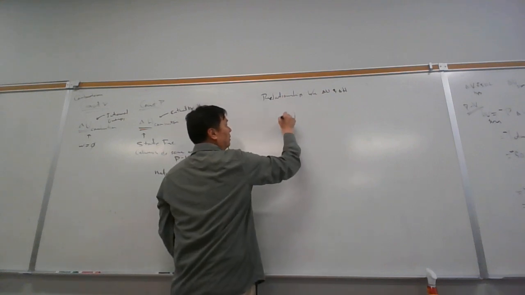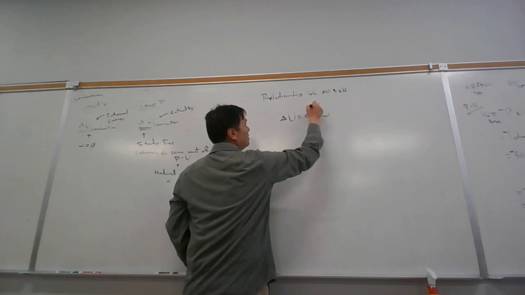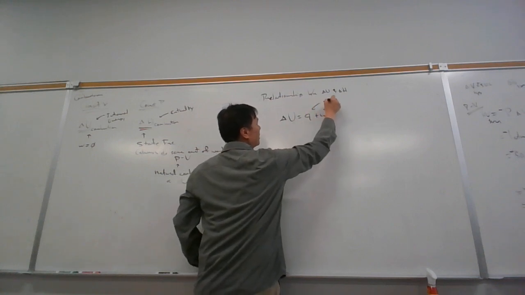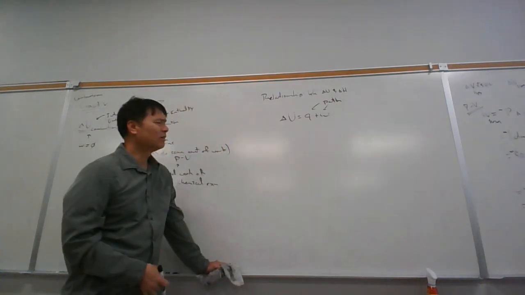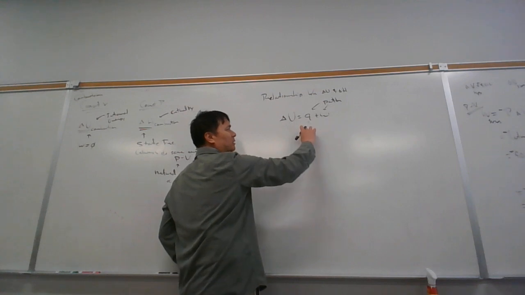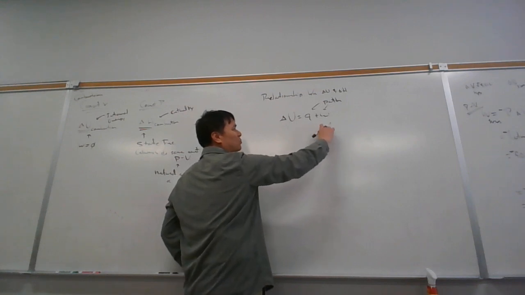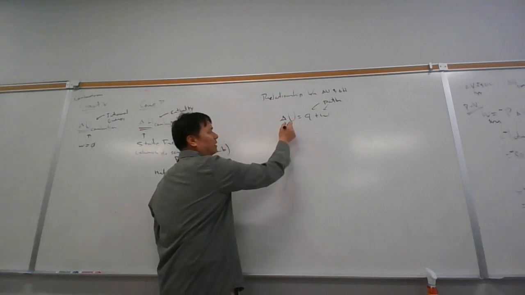All right, delta U is equal to Q plus W. These are path functions, or path-dependent functions. And so they depend on the path, and therefore the amounts are going to be different. The more work you do, the less heat. The more heat you do, the less work. This would be like an AA battery.